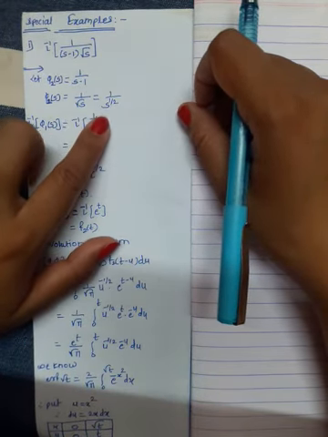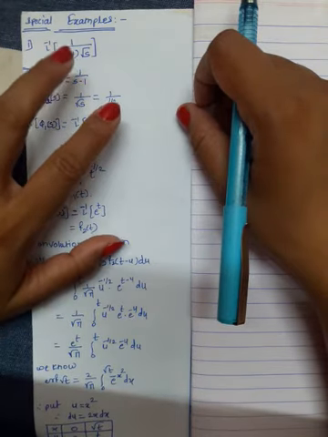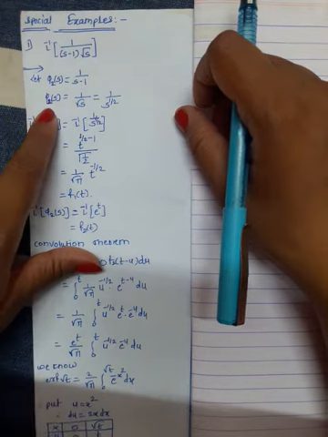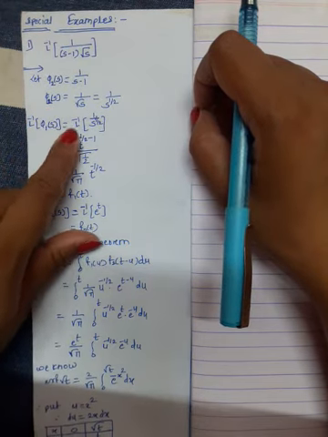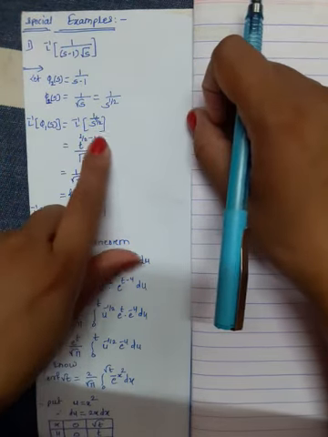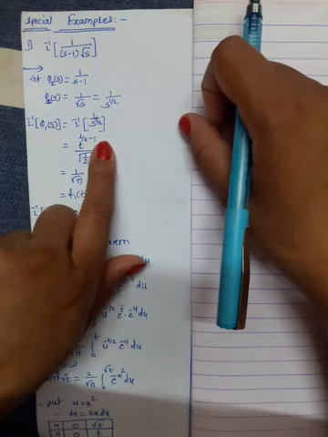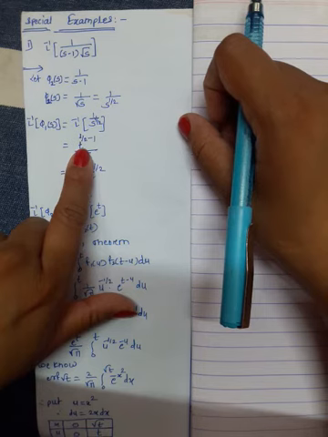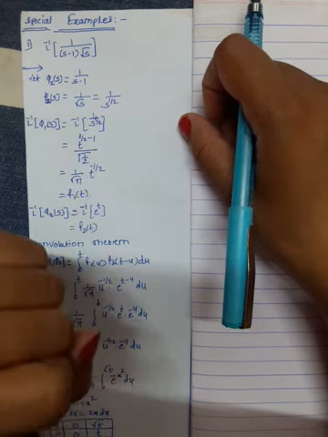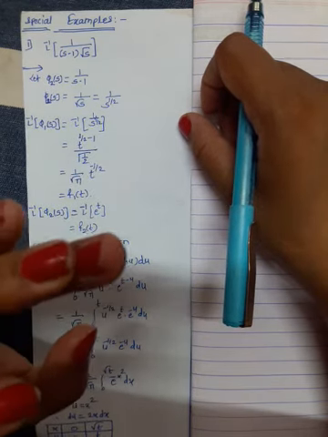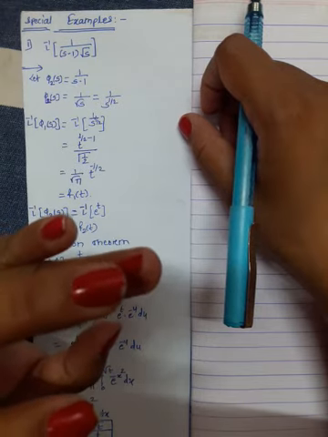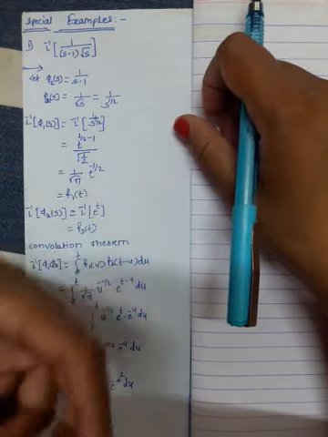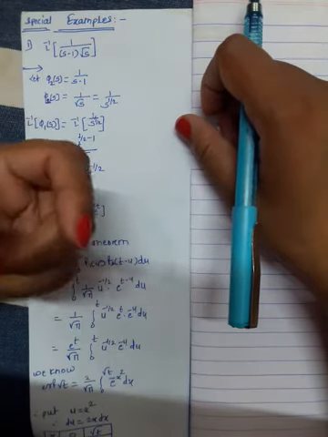Now the next step is finding the inverse of these two. First take phi 1: L inverse of phi 1 is equal to L inverse of 1 upon s raised to half. This is 1 upon s raised to n, so what is the formula for the inverse? There are two formulas for the inverse of 1 upon s raised to n. One is in terms of factorial, and the second one is in terms of the gamma function.